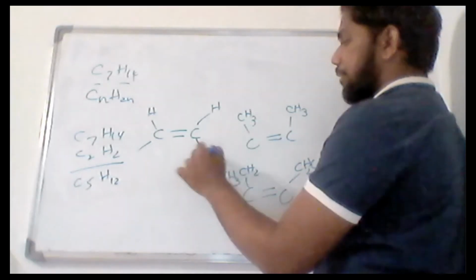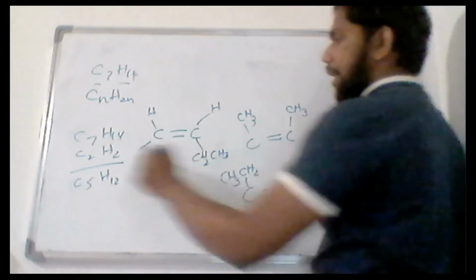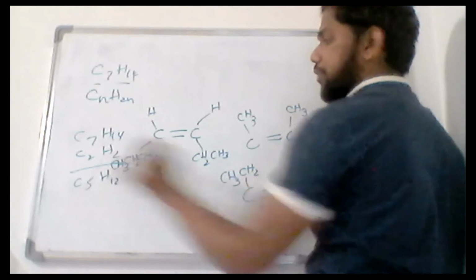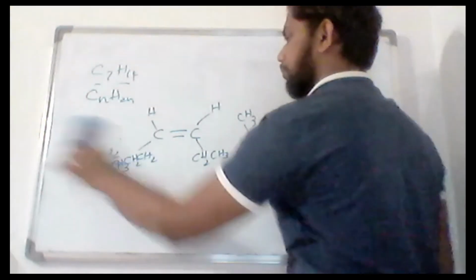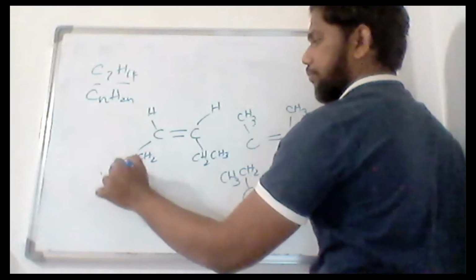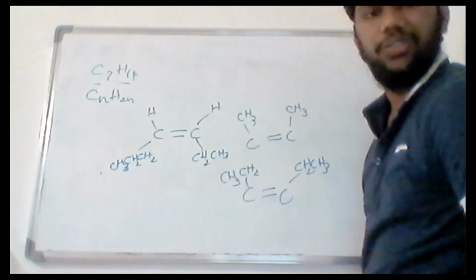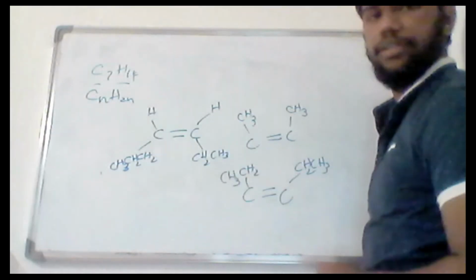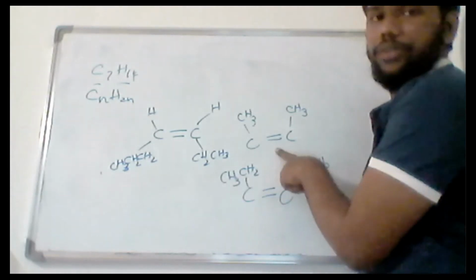I can put CH2CH3 here, 2 carbons, and here 3 carbons, CH2CH2CH3. See, this will show geometric isomerism because there will be a cis configuration and a trans configuration.